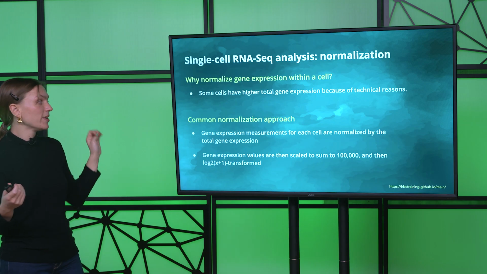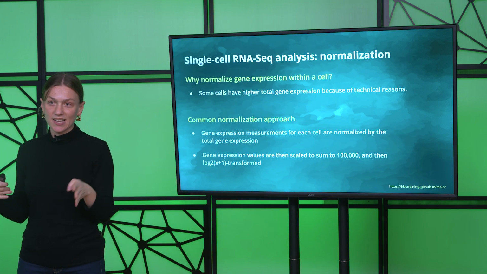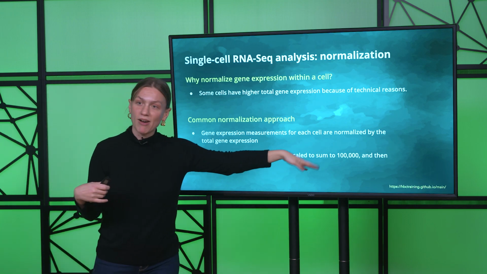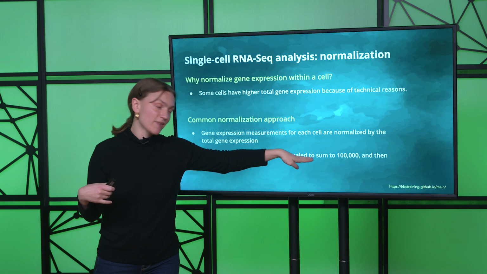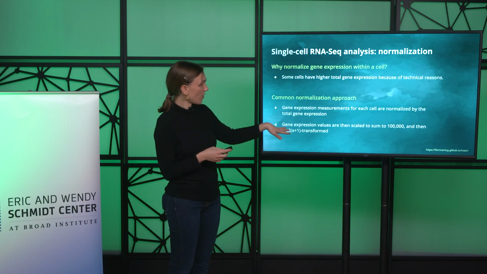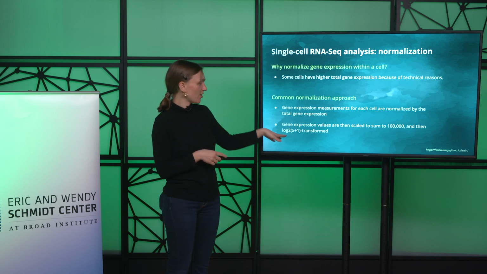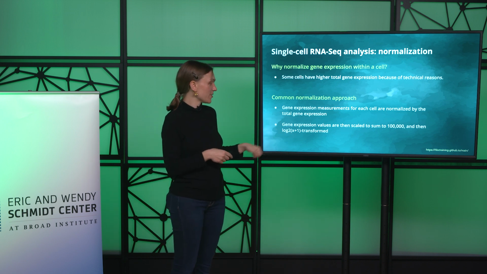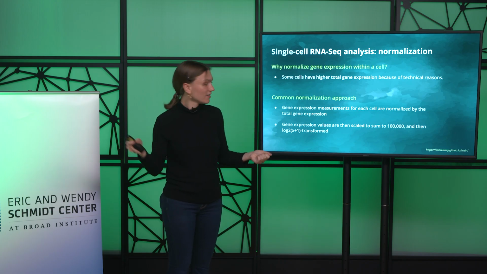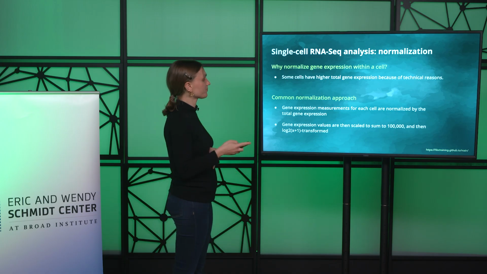What we do is scale the gene expression per cell such that it sums to 100,000, which is roughly how many molecules of RNA we might expect a given cell to have. Then we add a pseudo count of 1 and log transform the data so that our distribution is Gaussian, and this makes things much easier for downstream analysis.